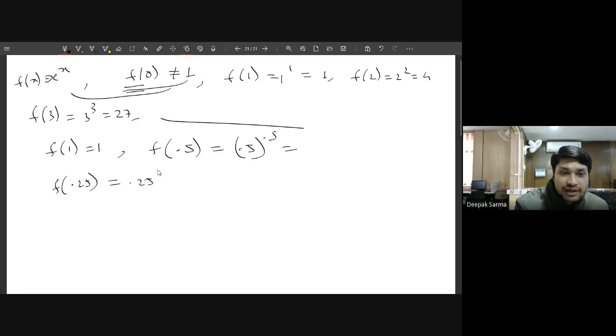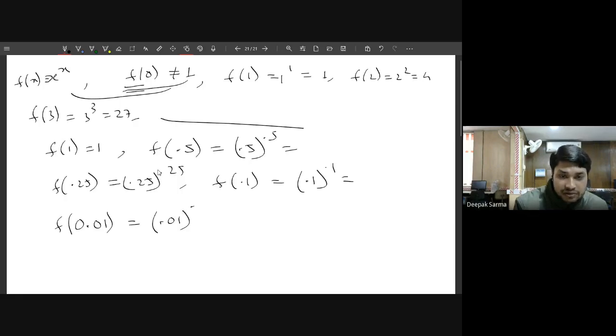Then f of maybe 0.1, so it is 0.1 to the power 0.1. At least you can use your calculator and find it. Next, suppose f of 0.01, it is 0.01 to the power 0.01. Then suppose f of 0.00001, more closer. You can find it.